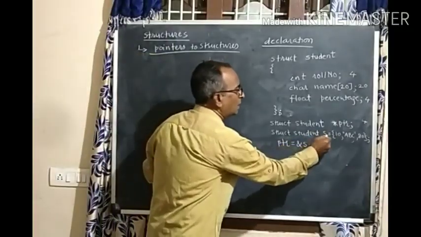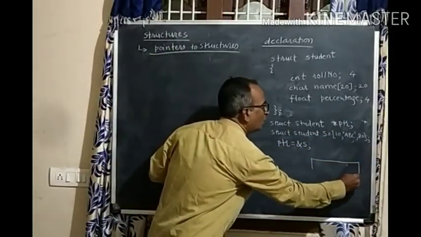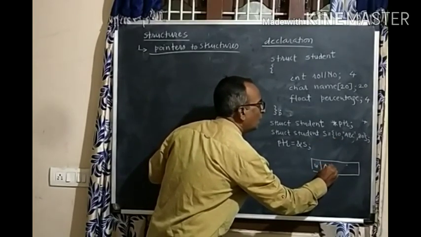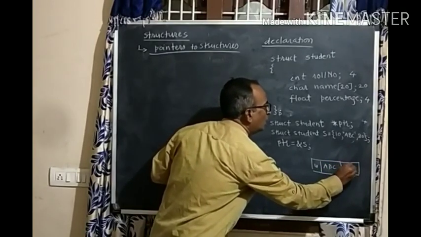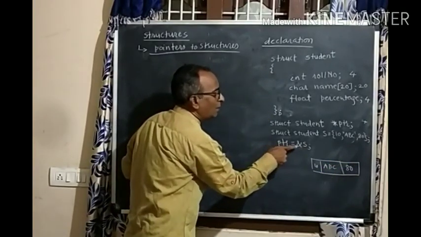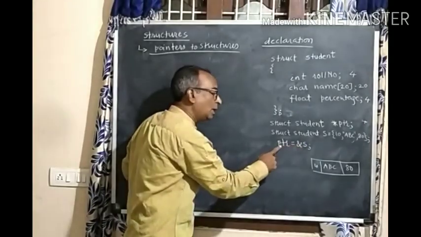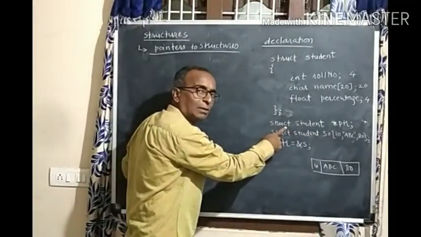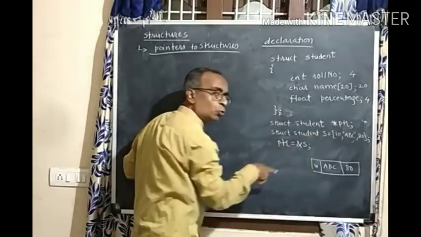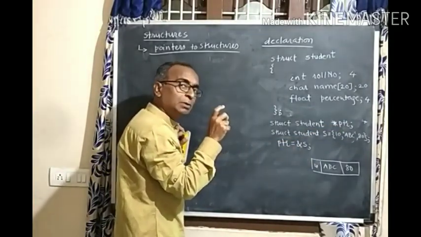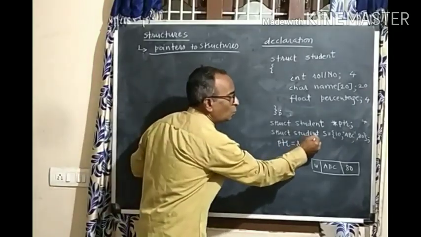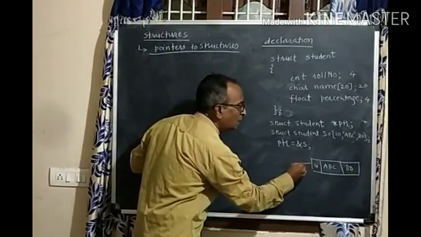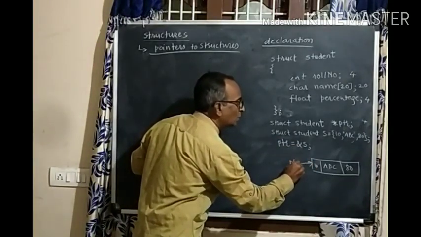See, S is created of 28 bytes. These are initialized 10, ABC and 80. Now by this, the address of S we are giving to ptr. What is the type of ptr? Pointer to student structure. So this ptr can store the address of any student structure variable. This is a student structure variable, so you can give this. By this what it means is ptr is pointing to this structure.